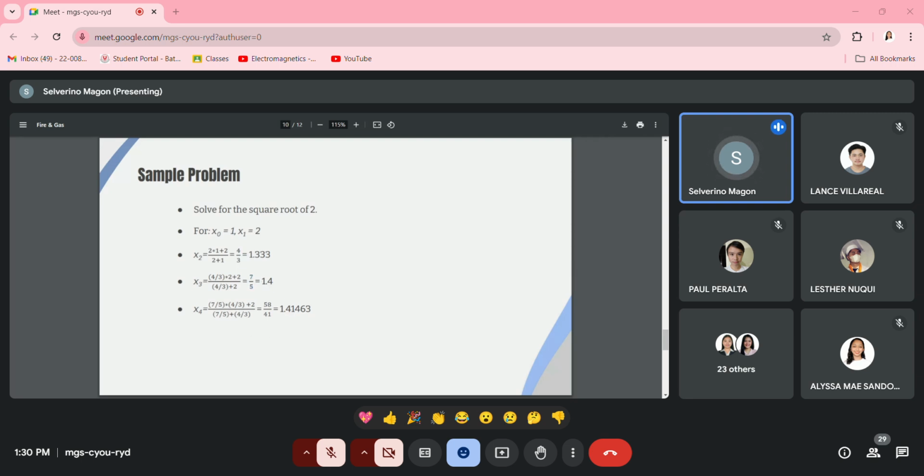And so we have the new solution right here. If we try to use a calculator, this is actually already very close to the actual figure provided by the calculator.